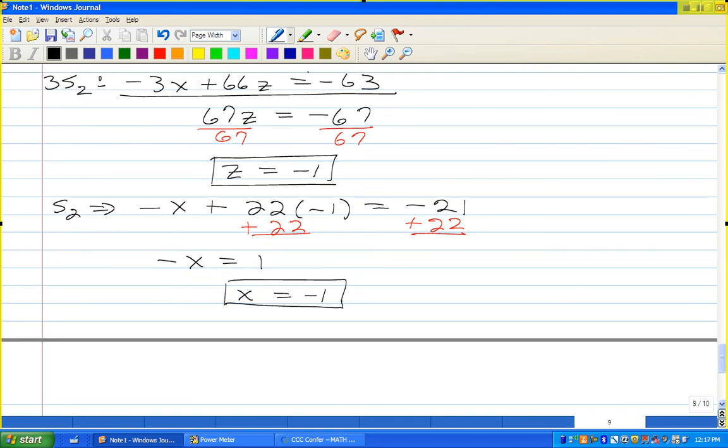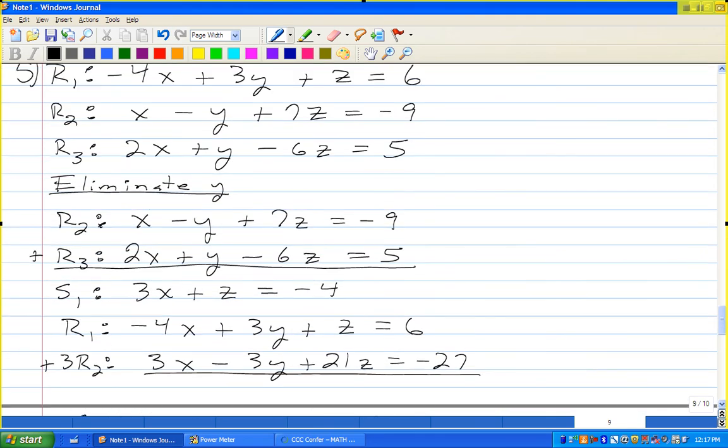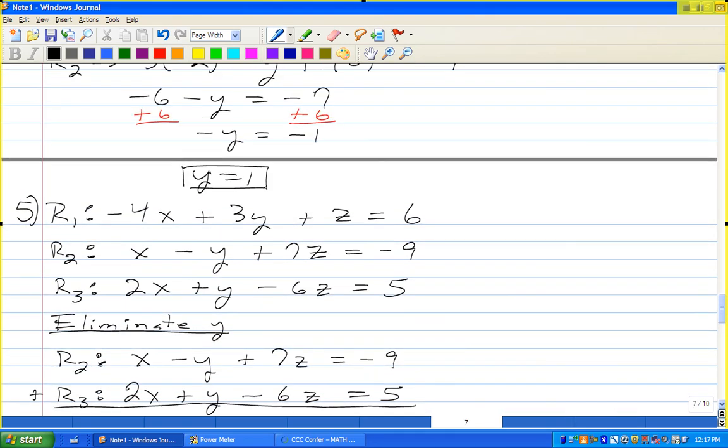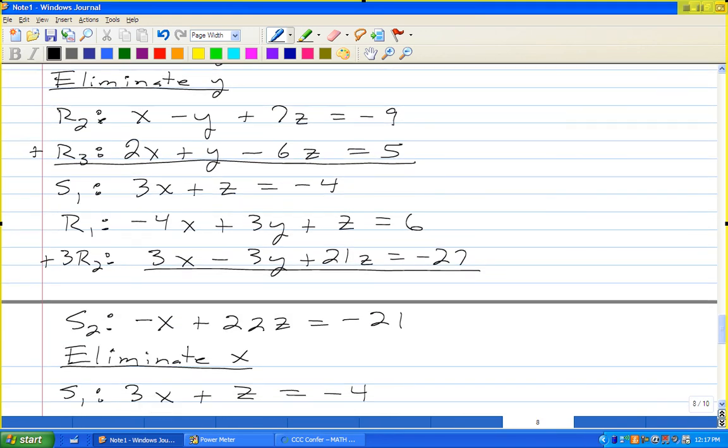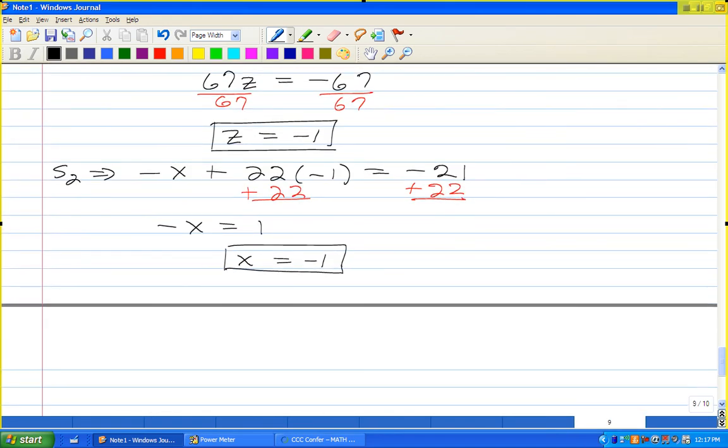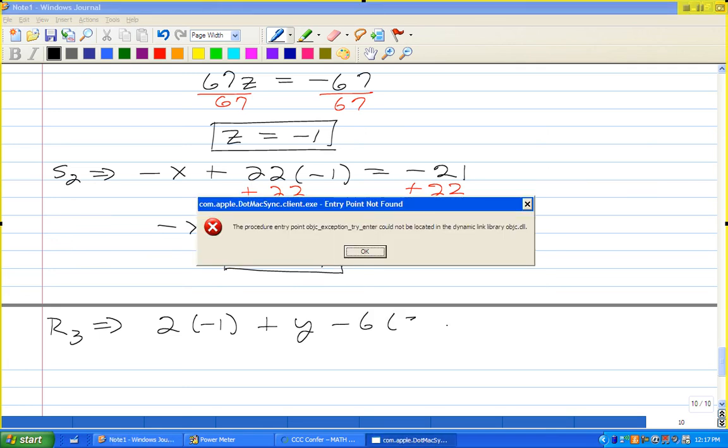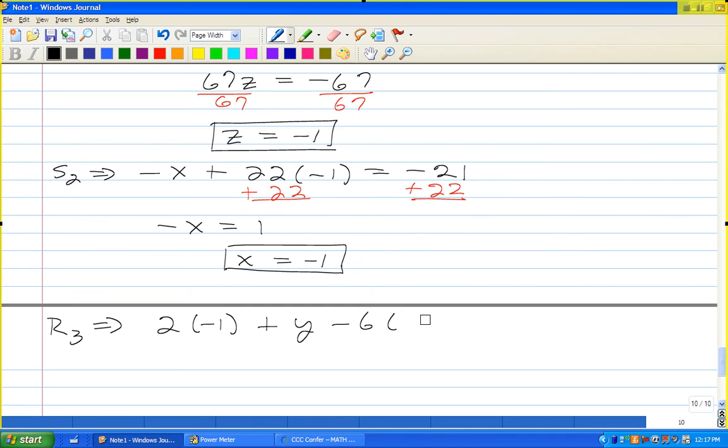Let's determine y. Maybe I'll use the third equation, R3. So let's use R3, which says 2x plus y minus 6z equals 5.